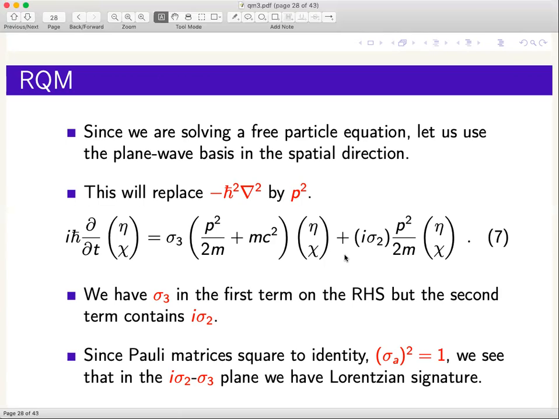I mean, a free particle state is not normalizable even in non-relativistic quantum mechanics. We had to do box normalization. The plane wave is not normalizable, but that did not stop us from replacing p by minus I h bar del x. Okay.